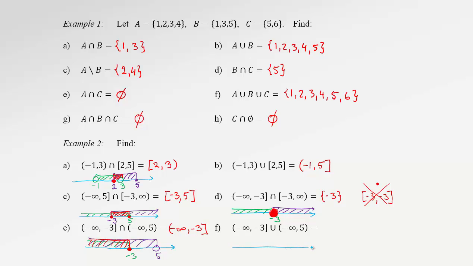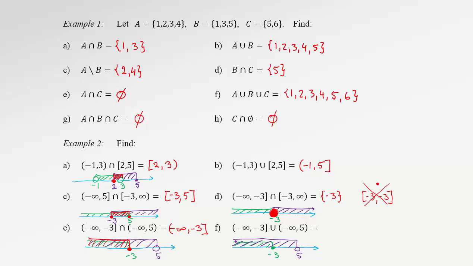And finally, let's draw this. Notice again we have exactly the same intervals, so we could even look at this picture, but because it's a special case, let's draw it again. From negative infinity until negative 3, including negative 3, that's this set, and the purple set until 5, without 5.